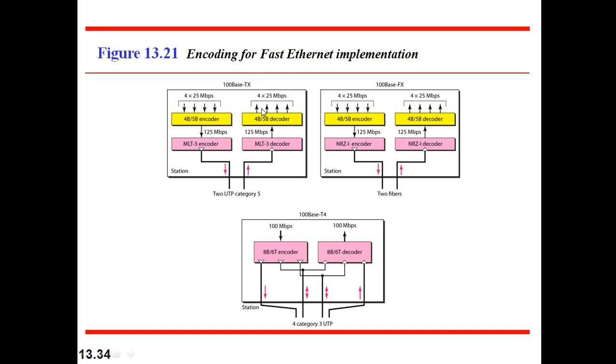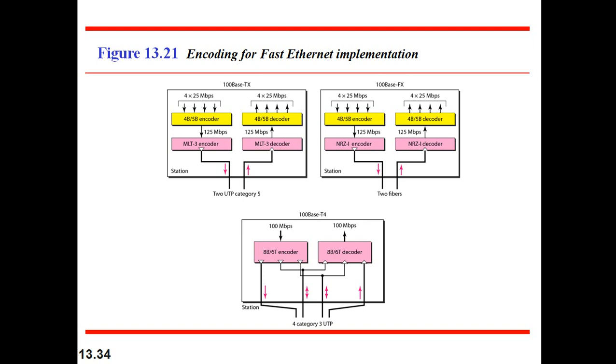In the second one, 100BASE-FX, we are using 2 fiber cables, that is a 2 wire implementation. Here we are using NRZI as the encoding scheme. Even this encoding scheme has a problem with a long stream of zeros and ones.